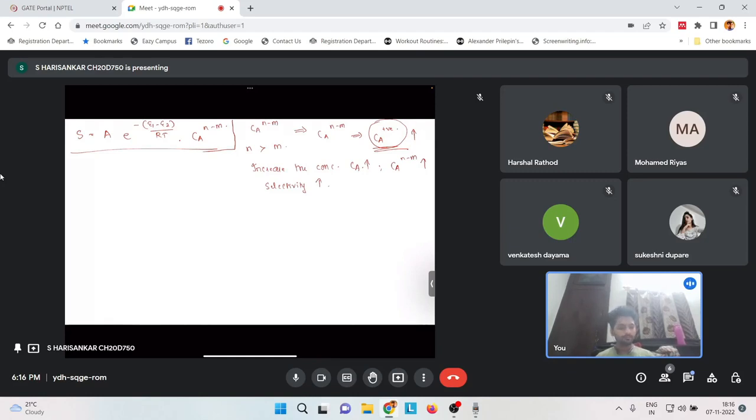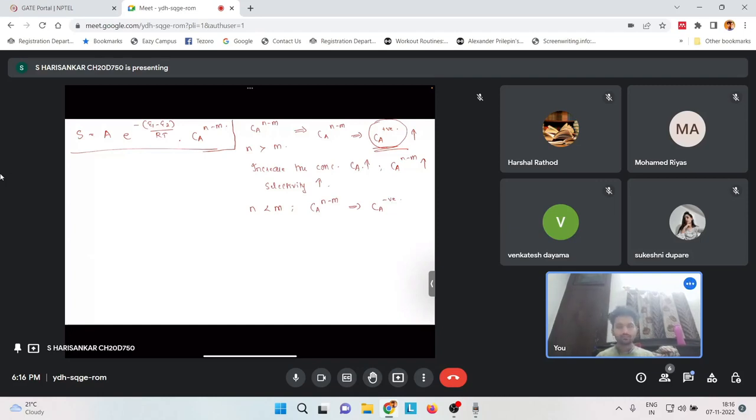But let's say n is less than m. In that case Ca raised to n minus m will be Ca raised to a negative number, because m is greater than n.